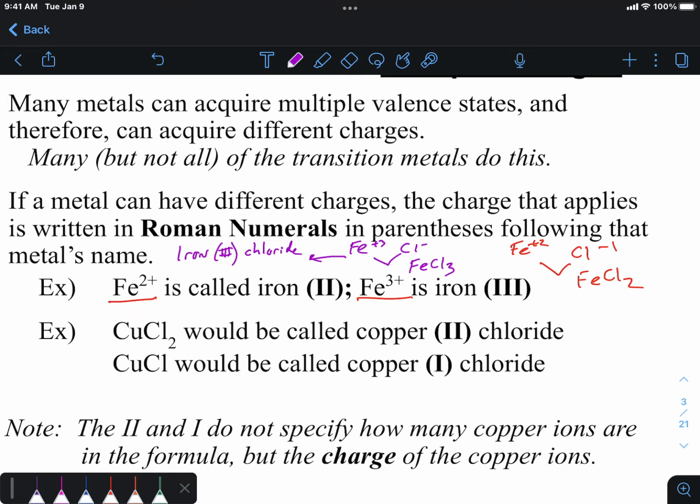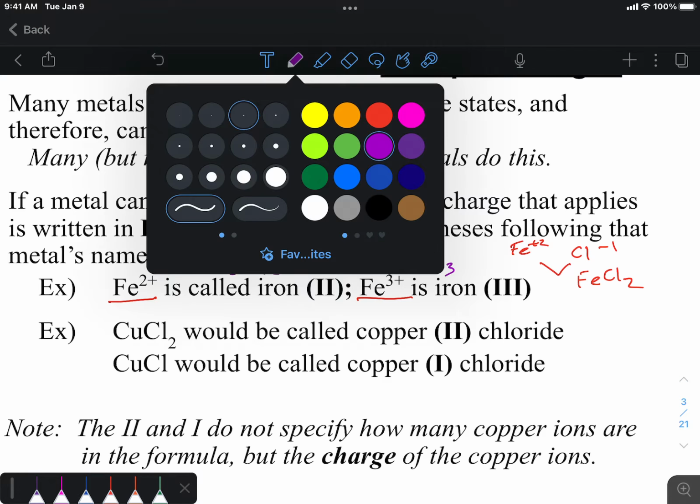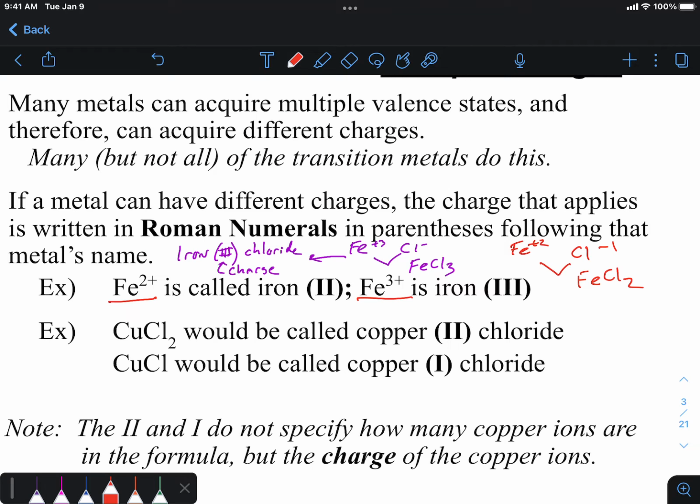Okay, again, so the number in Roman numerals, that's the charge. Similarly, this one over here would be iron 2 chloride.